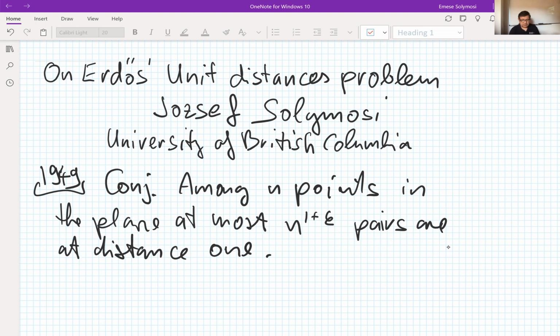So here is the name, unit distances. Of course, you can choose any distance here. Scaling will move it to 1.